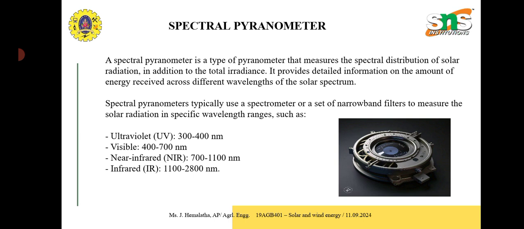It is an advanced type of pyranometer designed to measure the solar radiation for different wavelengths rather than providing a single integrated measurement of global solar radiation. The spectral pyranometer measures the intensity of solar radiation at specific wavelengths. It is used for studying solar energy optimization and climate studies.